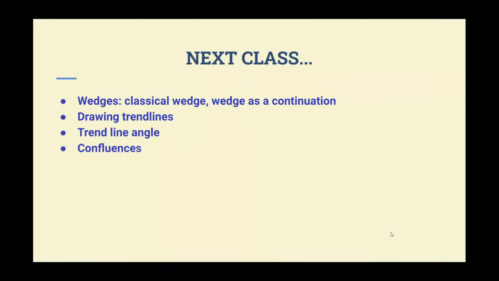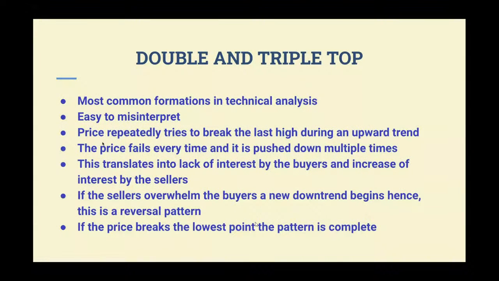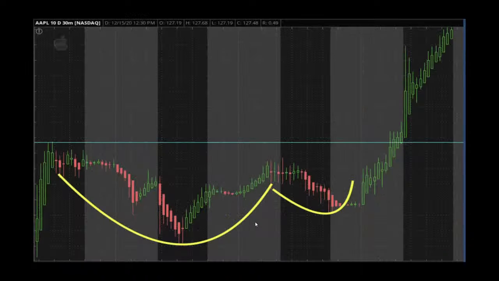It's not a secret. What I do want to get into next class is drawing the trend lines and confluence. I think those things require a little more experience and work. This is just basic stuff that you should be able to recognize. It's not that hard, but it's also good to know.